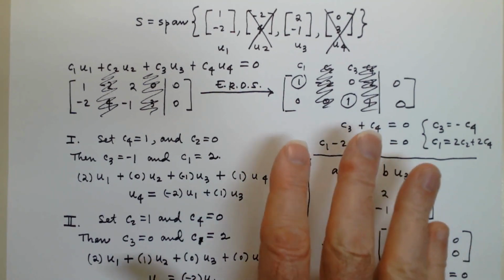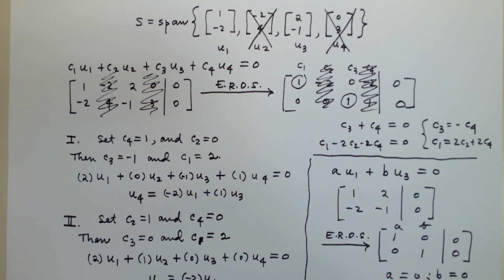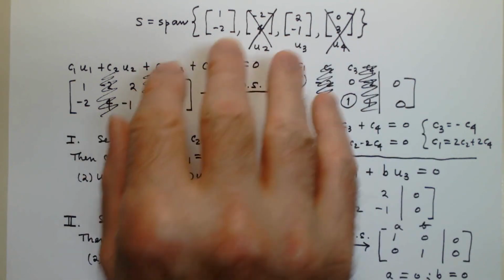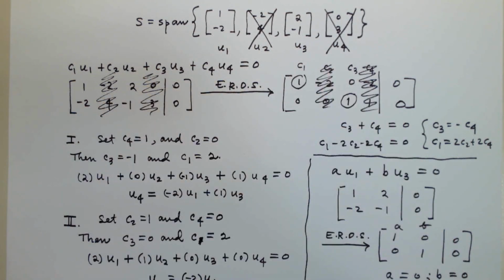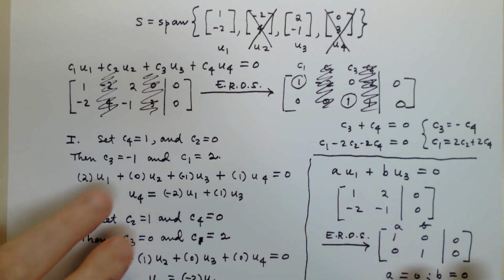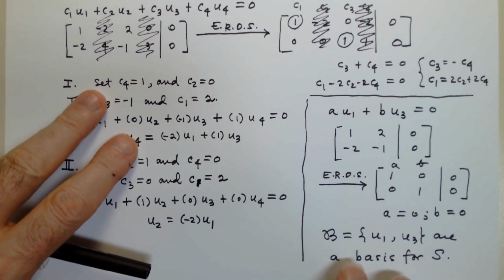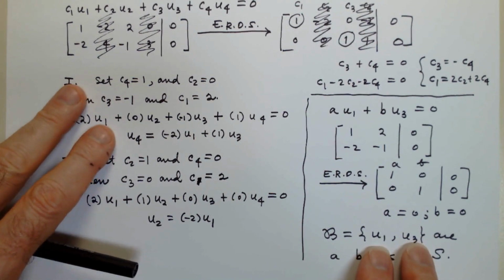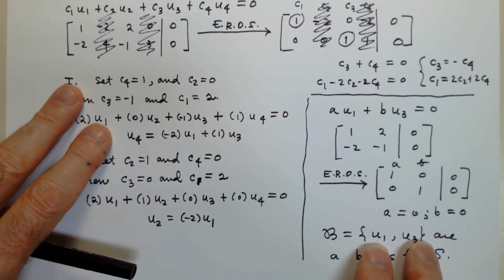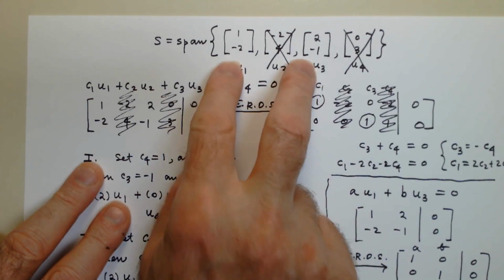Okay, so this is a very different method from the method that we did before, where we fed these vectors in as rows and did row reduction. Here we keep the vectors as columns and do row reduction, and we have a slightly different interpretation of the end game. Now, let me show you one way that this method is very different than the method that we did before. If we study this method, the basis that we're ending up with consists of some of the original vectors.